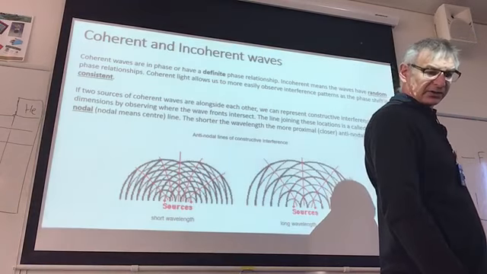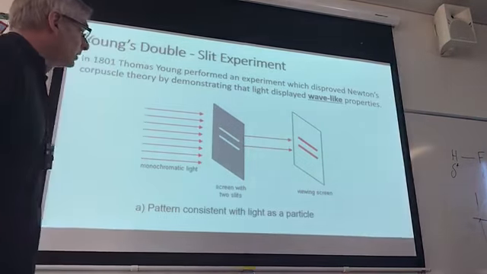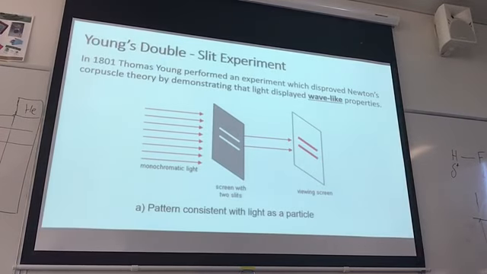So if we look at Young's double slit experiment, which is the first experiment that disproved Newton's idea of the corpuscle, and it meant that as a result, Huygens' idea on light acting as a wave was more widely accepted, and Newton's idea was rejected.